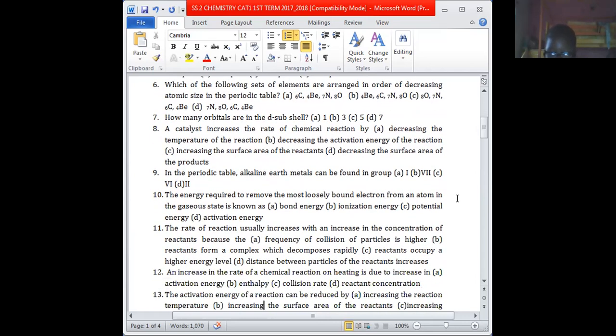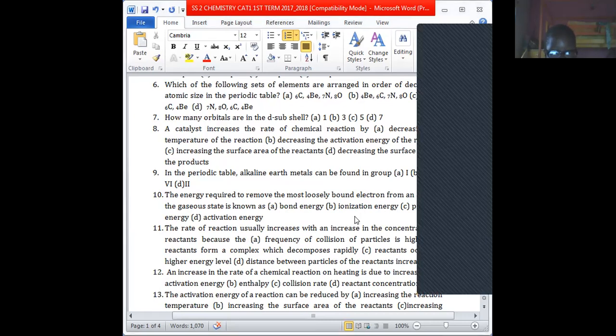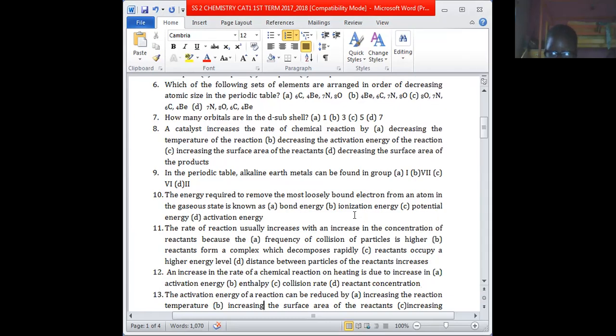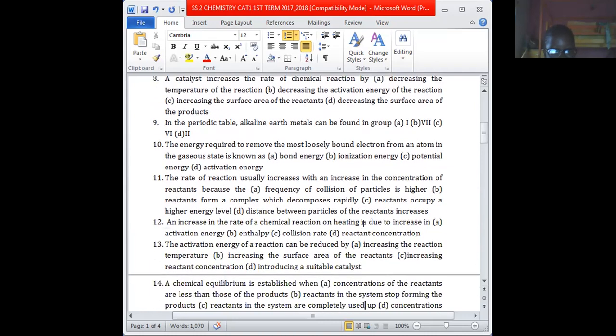Number 11. The rate of reaction usually increases with an increase in the concentration of reactants because A. Frequency of collision of particles is higher, correct. Number 12. An increase in the rate of a chemical reaction on heating is due to increase in B. Collision rate.